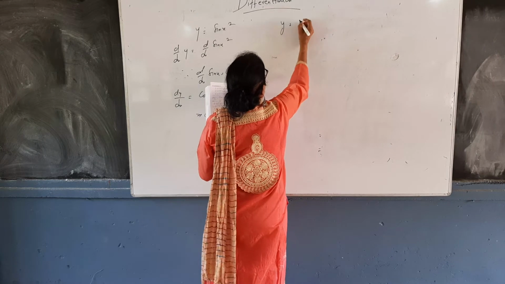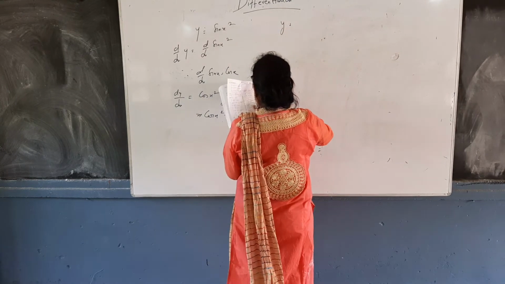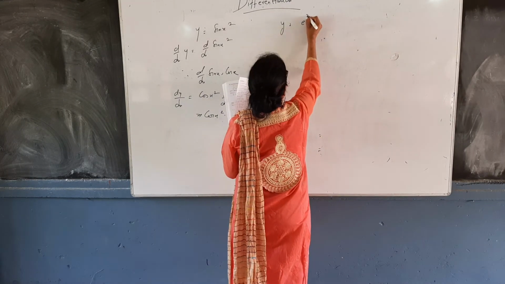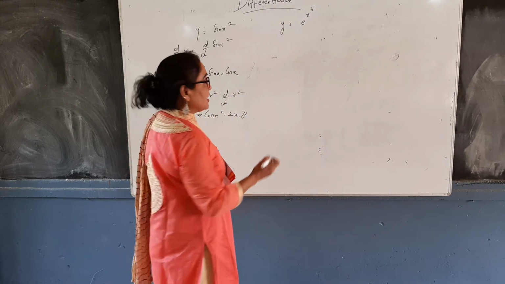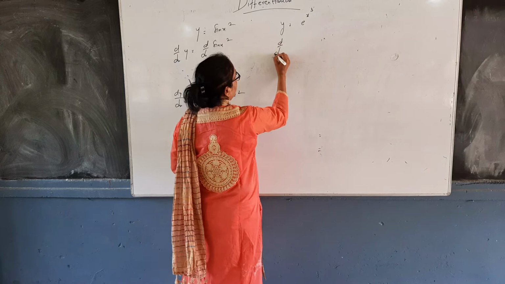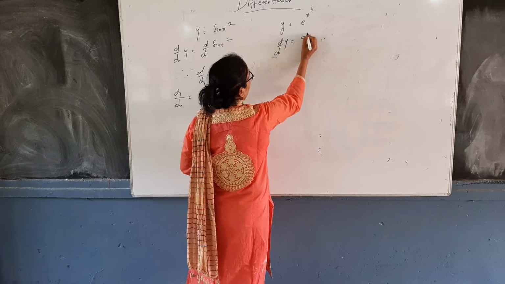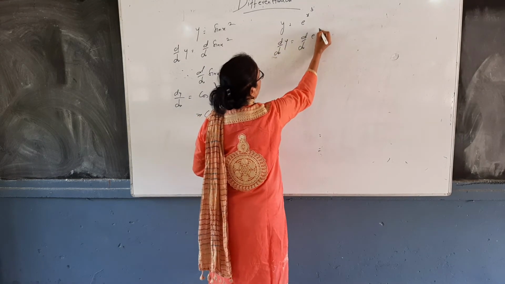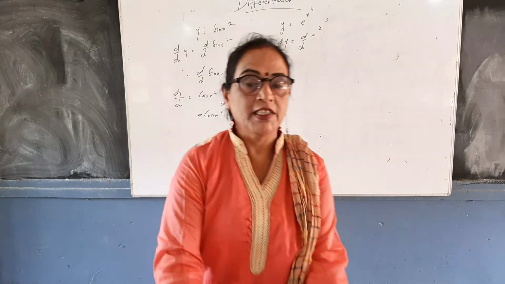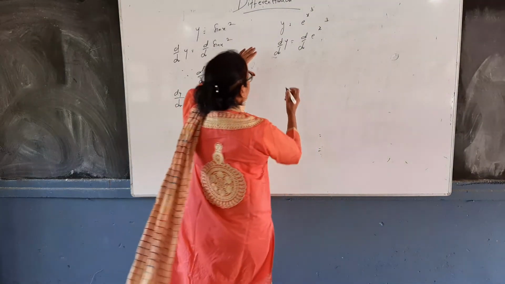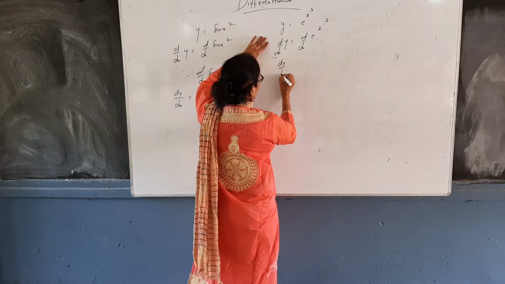Next, y equal to e raised to power x raised to power 3. Again, d by dx of y equal to d by dx of e raised to power x raised to power 3. Now again a function raised to a function is given. So here it will be dy by dx.